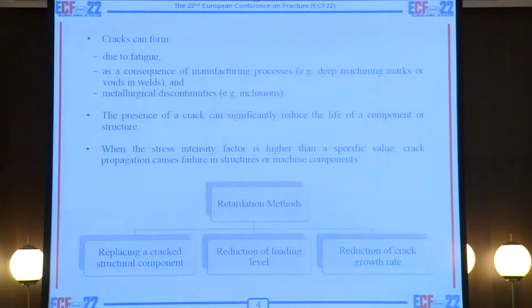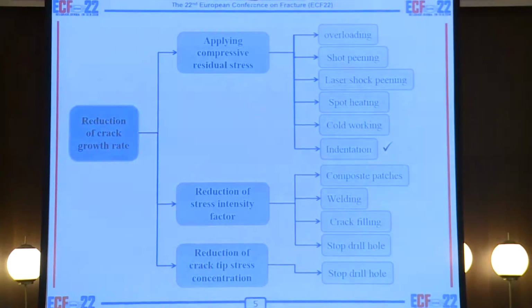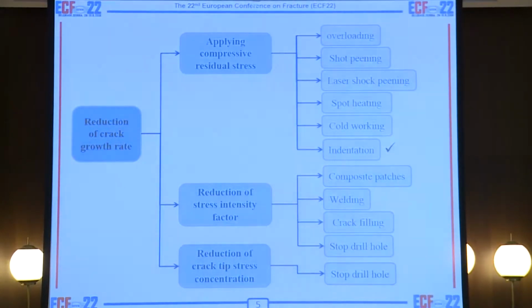But the third one, which is the crack growth retardation methods, is mainly divided in three different categories. Applying compressive residual stresses that you can see: overloading, shot peening, laser shot peening, spot heating, and indentation. Or reduction of stress intensity factor using composite patches that are bonded on the crack component.